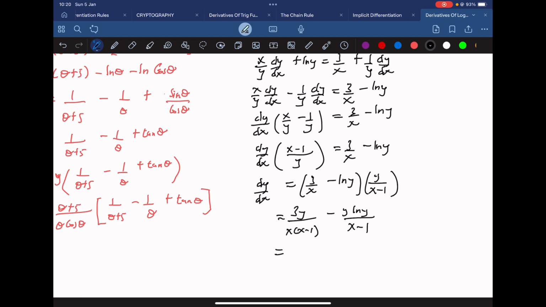When you have this and this, if you find the LCD, it will be x minus 1. So this goes into this, you have 1, and you multiply it by the numerator, so you have 3y. If this goes into this, you just have x left, so you multiply it by the numerator, so you have xy ln of y. So your dy dx is equal to this. I hope this makes sense and it's clear enough.